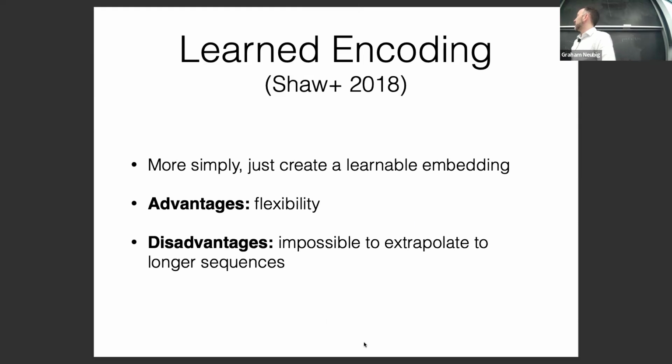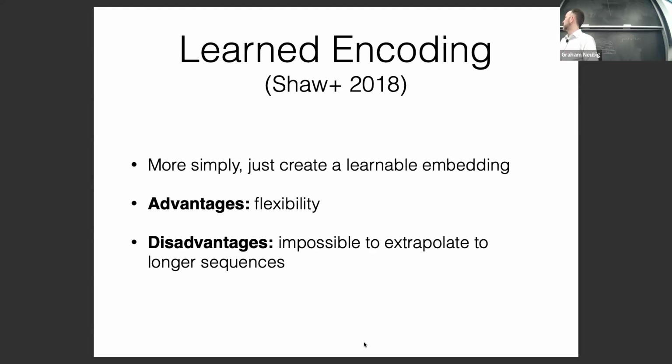But the biggest disadvantage is that it makes it impossible to extrapolate to longer sequences than you saw at training time. Because you have no learned embeddings for longer sequences, it's at least in principle impossible to extrapolate unless you use some sort of heuristics, and if you do, you don't really know what's going to happen.